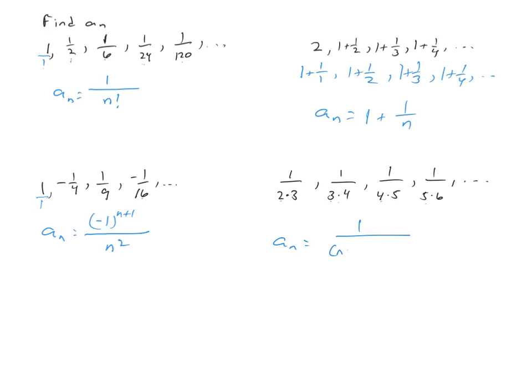So it's going to be n plus 1 times, and then in the next part, 3 is 1 plus 2, 2 plus 2, 3 plus 2, 4 plus 2. So I'm going to get n plus 2. So the general term of this particular sequence comes out to be 1 over n plus 1 times n plus 2.